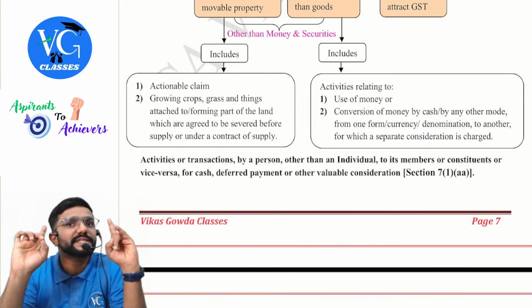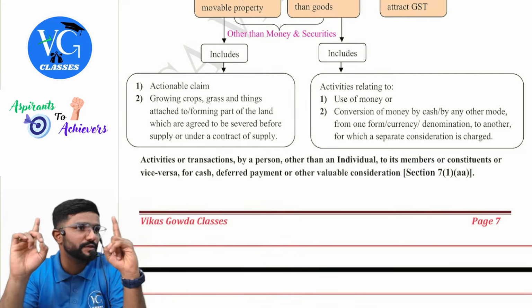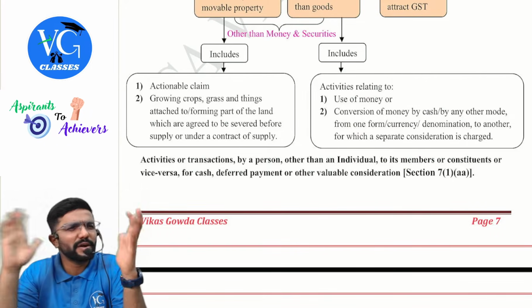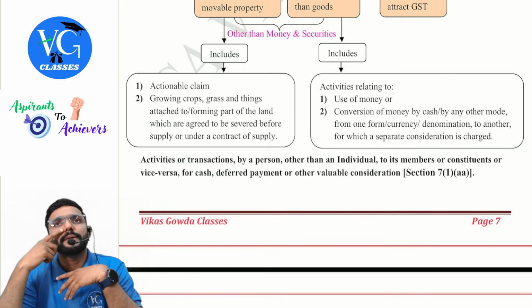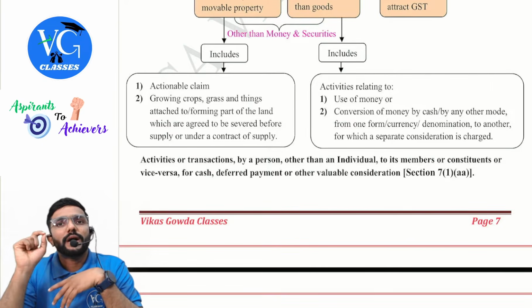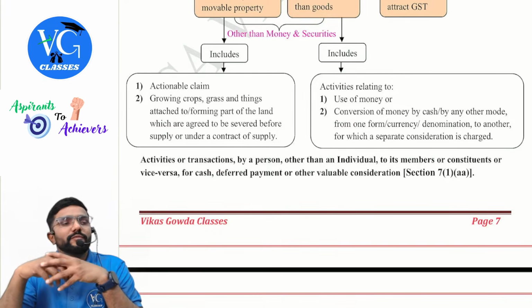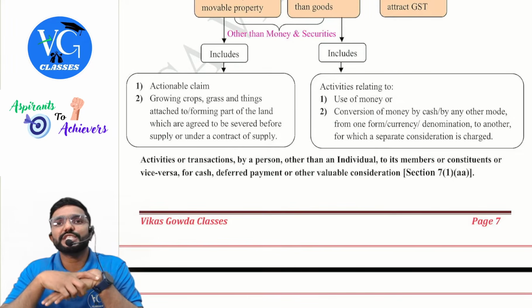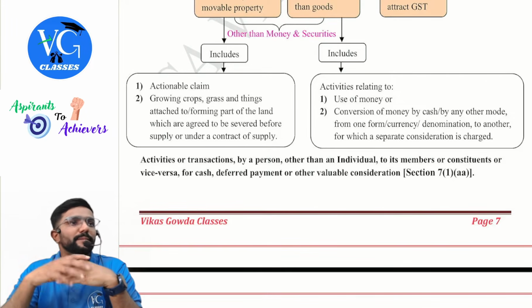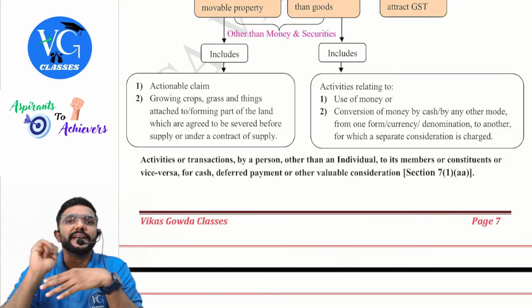Guys, money and securities is not goods, not services. Securities means shares, bonds, debentures, everything is covered. Now, I am converting one form to another form for which a separate consideration is charged. Is it a service? Yes. For example, I went to a bank to draw a DD.